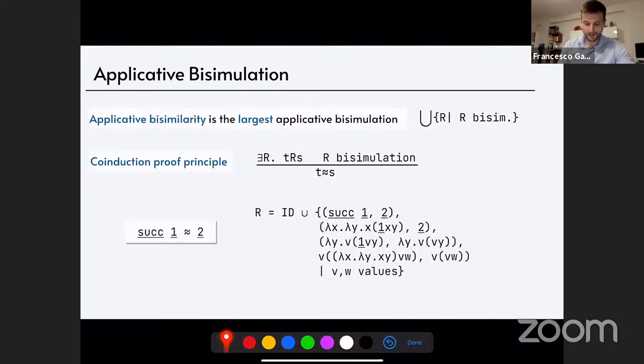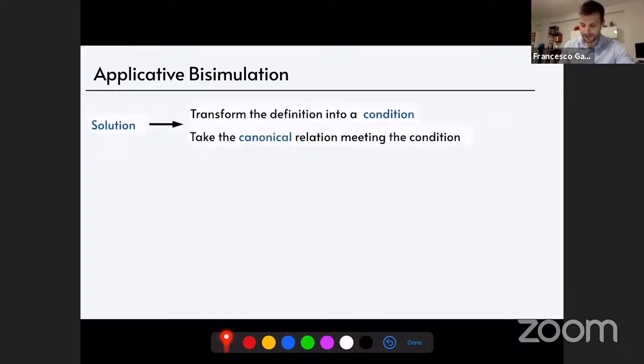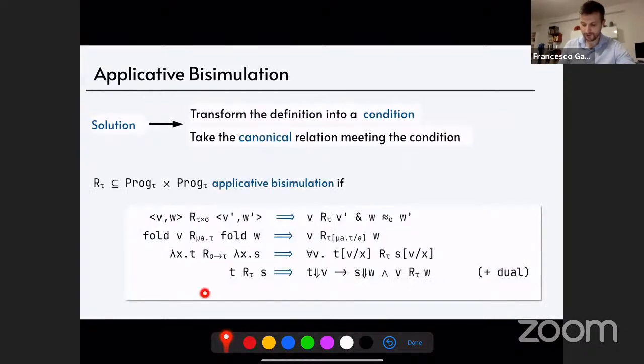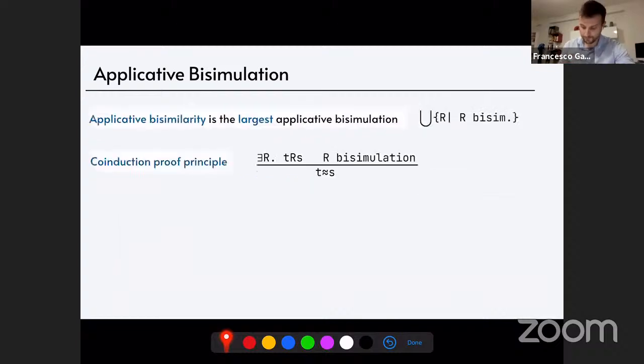So, for instance, we may now prove that the successor of one is equivalent to two by showing that this relation here is an applicative bisimulation. I know that might look scary at first, but this is exactly the relation that you obtain, starting with these two pairs here, and then adding pairs satisfying these clauses. So that's the way we go.